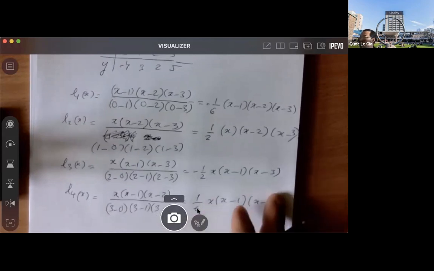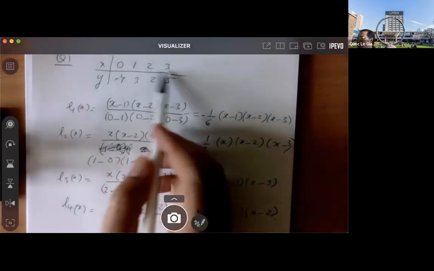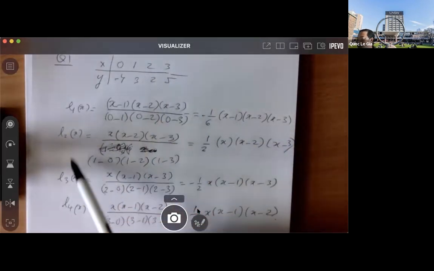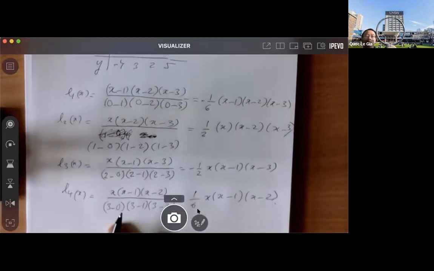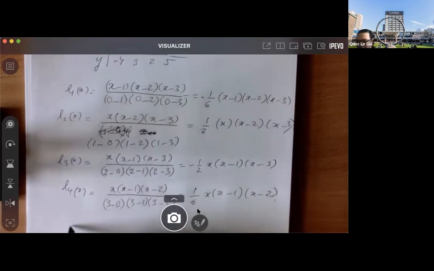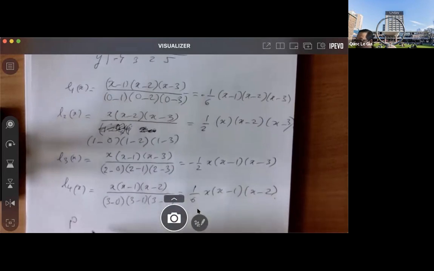So how many points do you have? 1, 2, 3, 4 points. Then you have L1, L2, L3, L4. Okay, and then the polynomial is just p equals minus 4 L1 plus 3 L2 plus 2 L3 plus 5 L4.